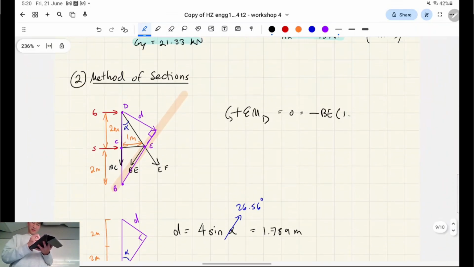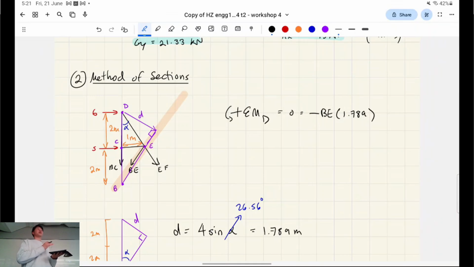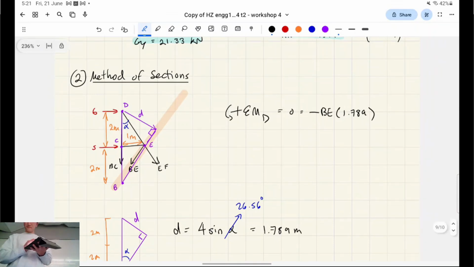So that's the number we're going to plug in here for the sum of the moments about D. So the geometry is a little harder for method of sections, but overall calculations, you can see it's a lot less than method of joints, right? And I would say if you look through the midterms and solutions, generally they're going to want you to do method of sections.